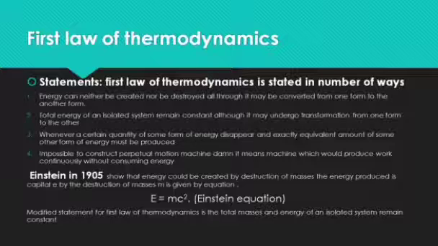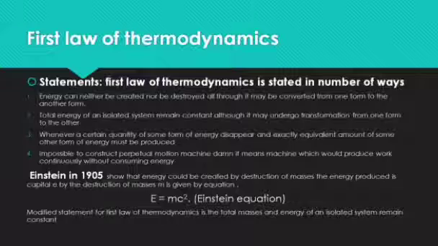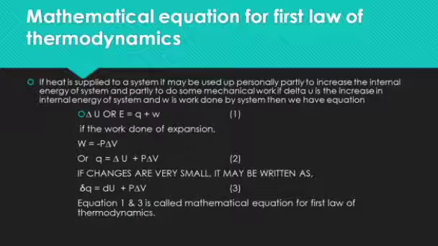The modified statement for the first law of thermodynamics is: the total mass and energy of an isolated system remain constant. Then what is the mathematical equation for the first law of thermodynamics? Here we know that there is a relation between energy, heat and work, denoted by the symbol capital U or E, that is equal to Q plus W, in which W is equal to minus P delta V, as we know it is the work done by the system.